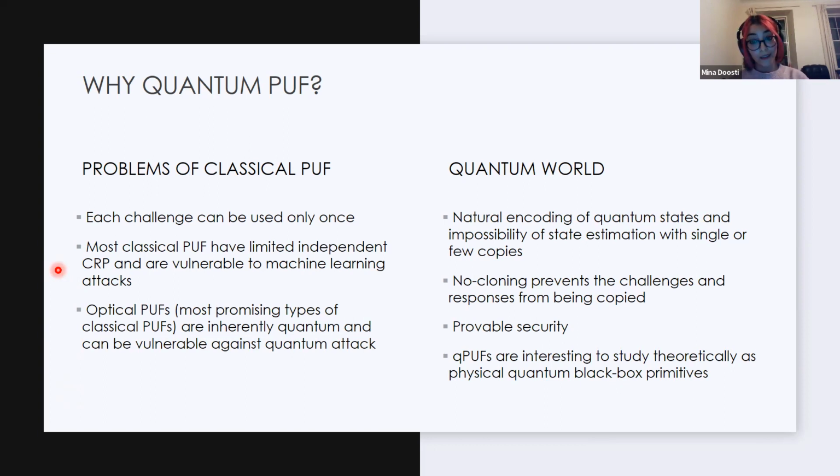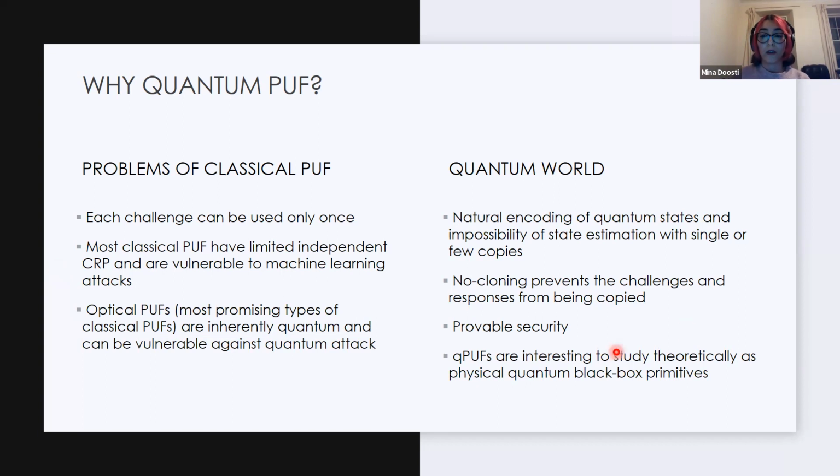But also on the other side, in the quantum world, we have some properties that would be interesting and useful in the context of quantum PUFs. For instance, we know that we cannot estimate the classical description of a quantum state with very few copies. And if our challenge responses are quantum, then we have the no-cloning theorem which protects them.